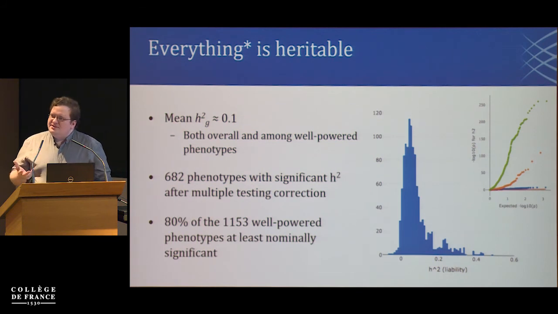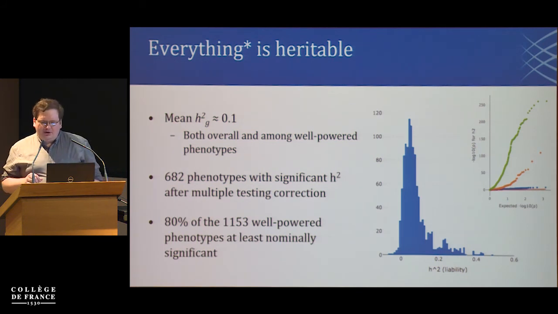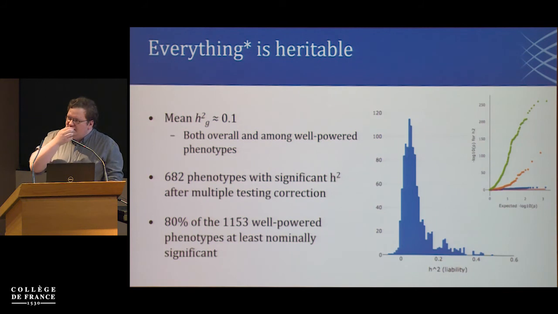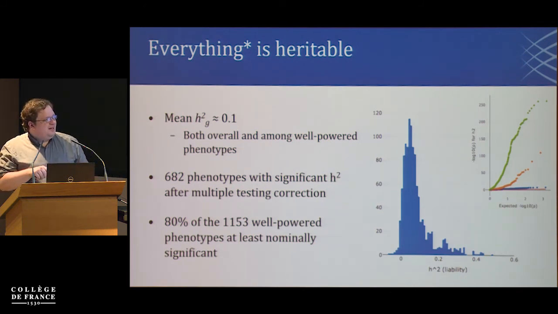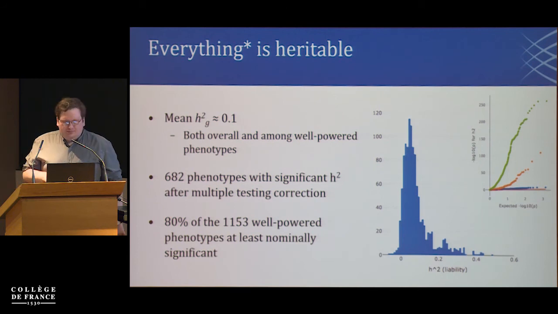So on average, we see a SNP heritability somewhere in the 0.1 range, which is consistent with many other things in the literature, and there's a nice long tail of things where it goes much higher, especially in terms of anthropometric measures, so weight and height and things like that, more in, say, the 0.3 range.